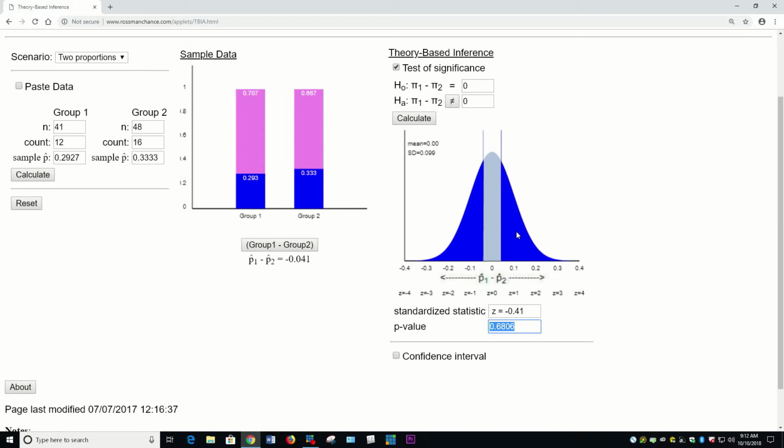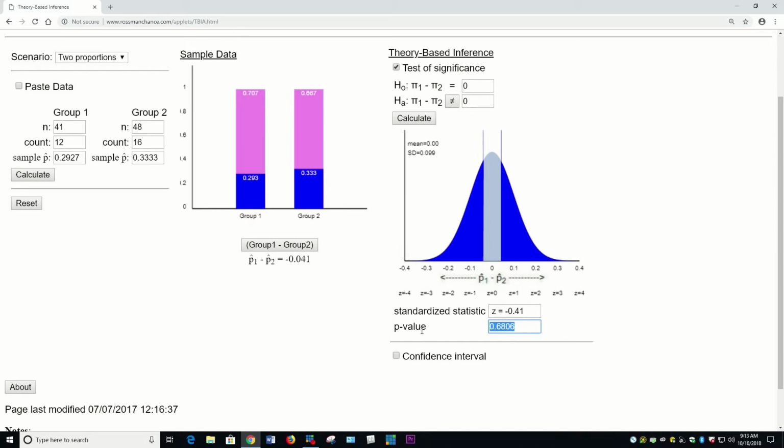Remember what a null distribution shows. These are the things you would expect to see if there really was no difference in the population. And we are not that far away from the middle with our negative 0.041. And so this is not strong evidence at all. We would conclude that we do not have enough evidence here to say that there's a difference in cancer rates among males versus females.